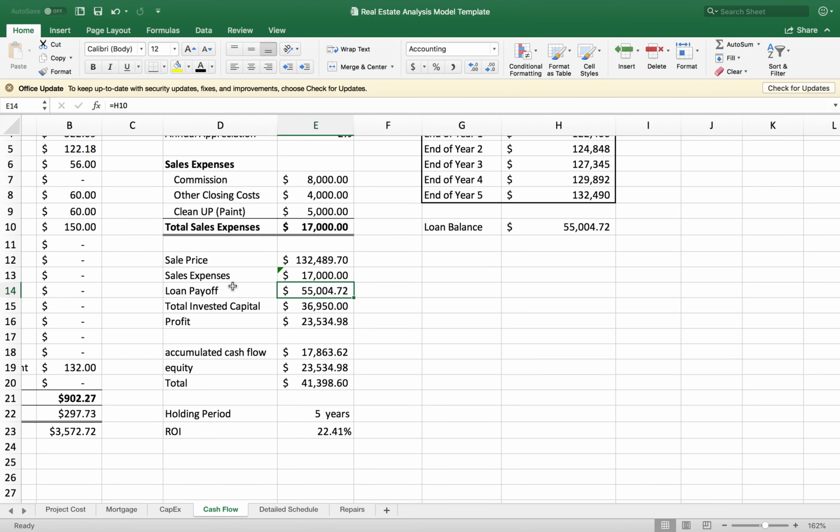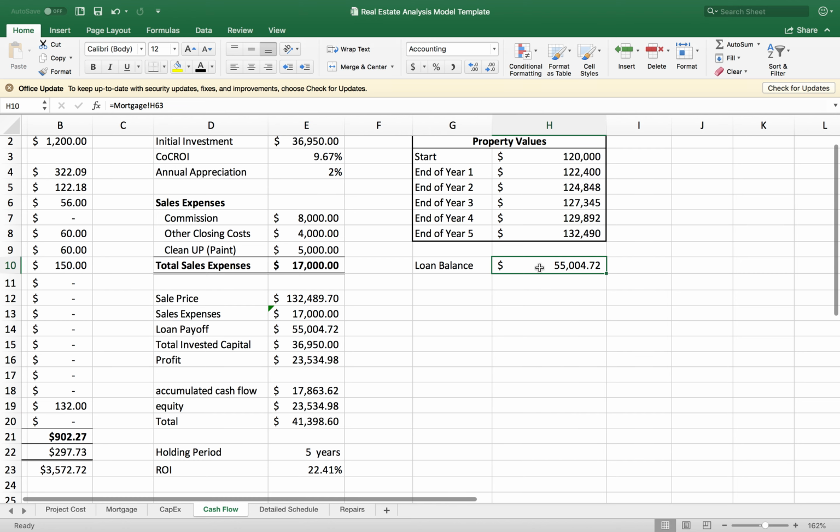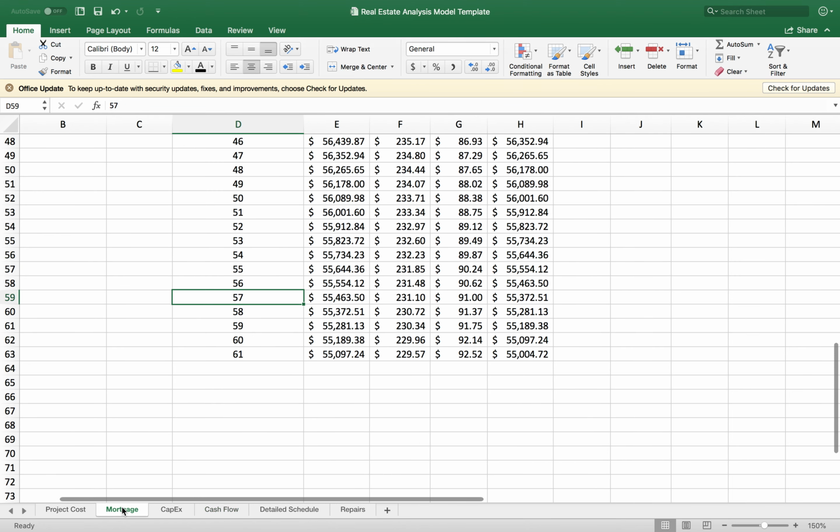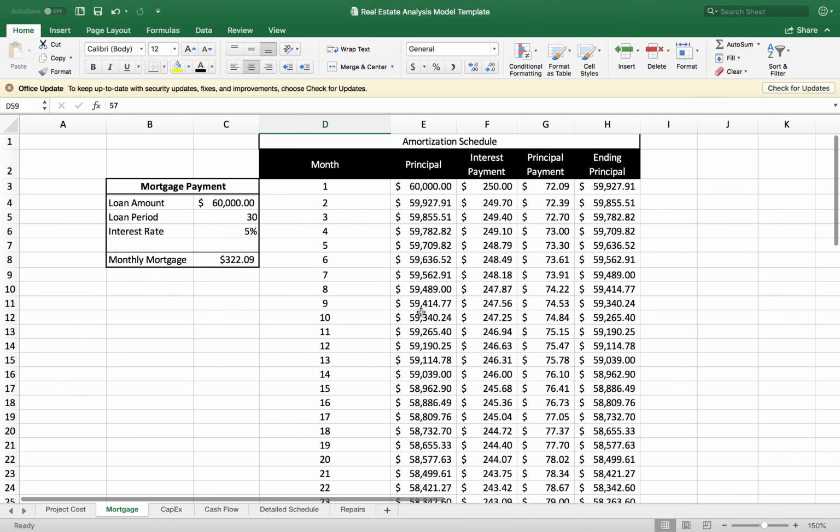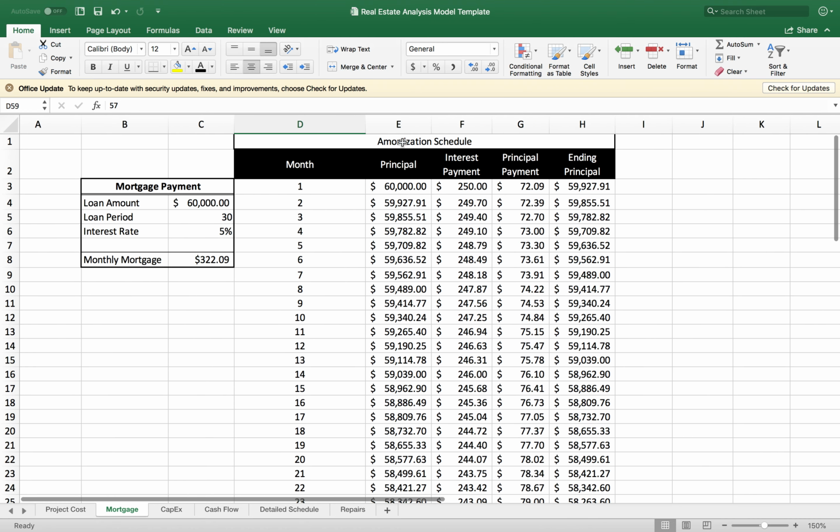So let's take a moment to figure out how we came up with the loan payoff. As you see here, my loan payoff is tied to my mortgage tab. In my mortgage tab, I've created an amortization schedule that shows how my loan has been paid off. When I initially took out the loan, it was $60,000, a 30-year fixed rate mortgage at a 5% interest rate.